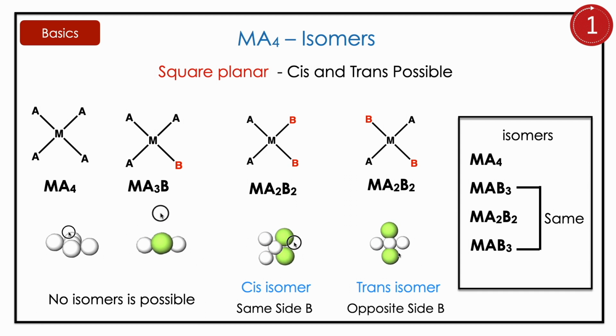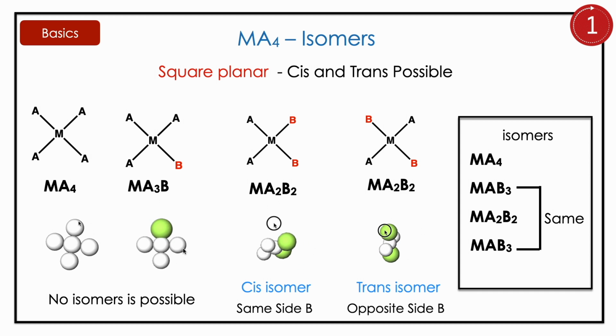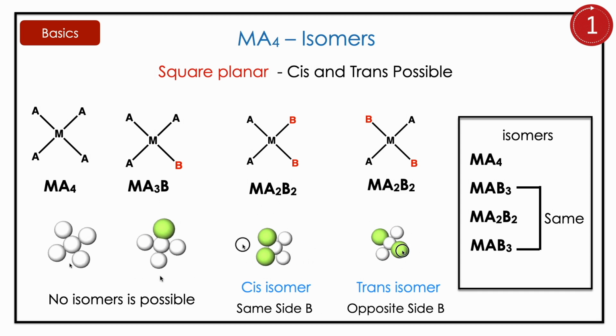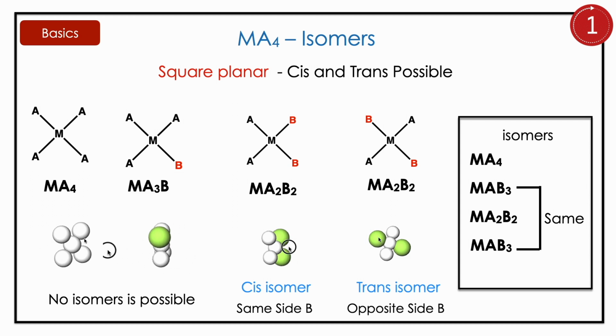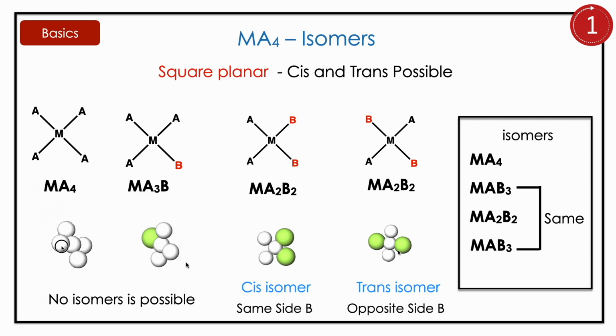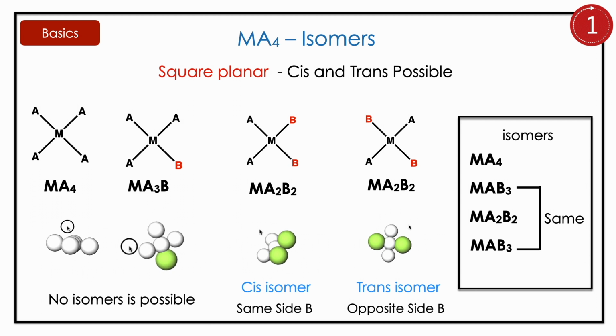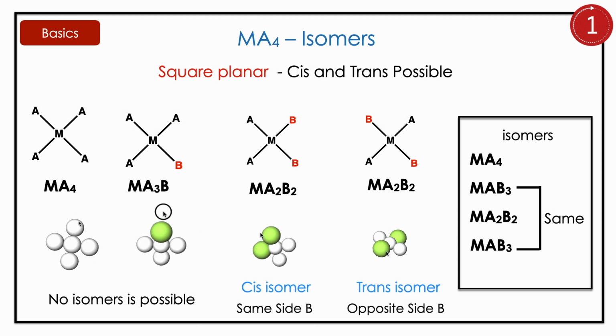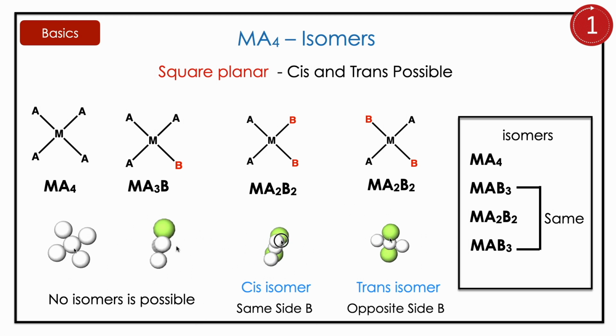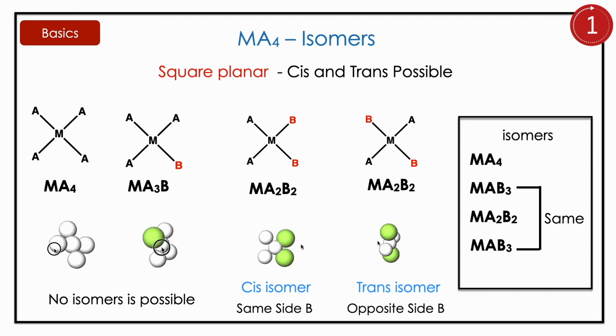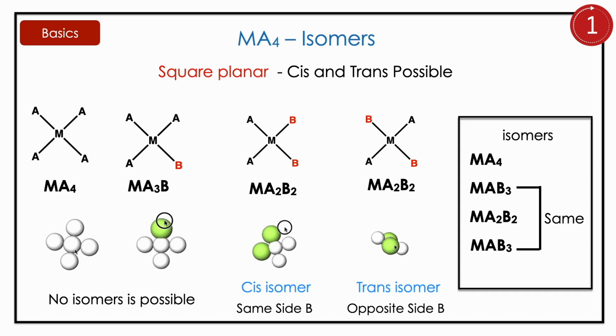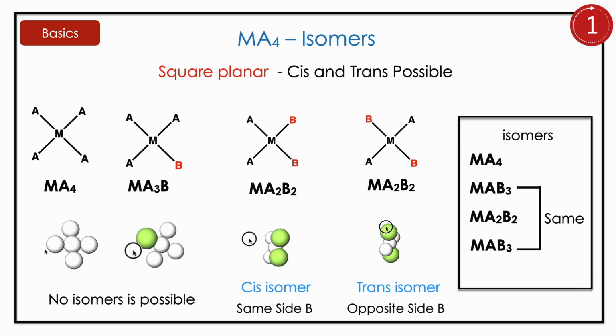Then it gets interesting with MA2B2 structure, whether the atoms are nearby or against each other. Atoms nearby means cis isomer. Atoms against each other means trans isomer. So square planar structure has cis and trans geometrical isomer.